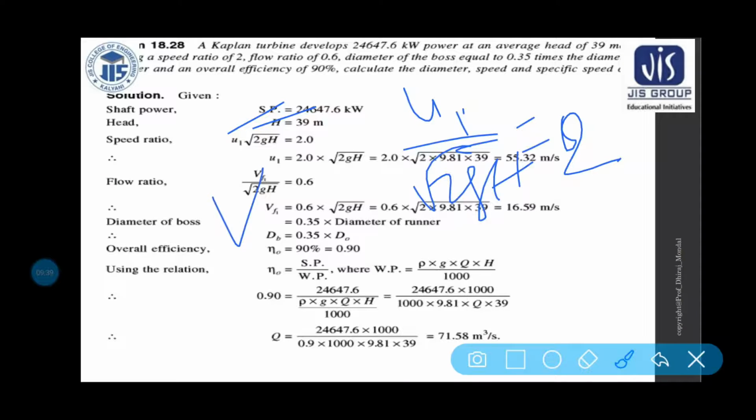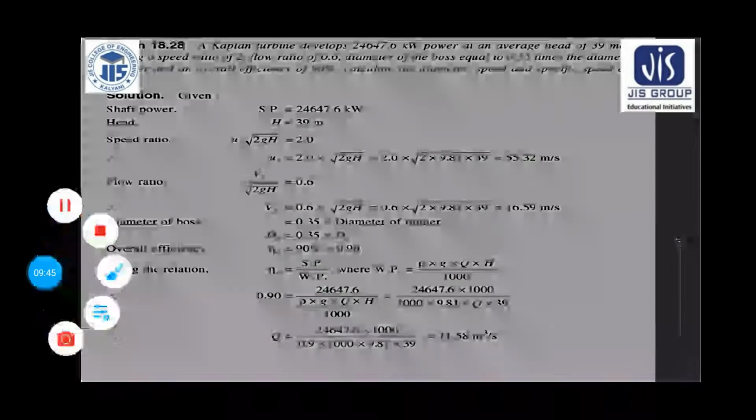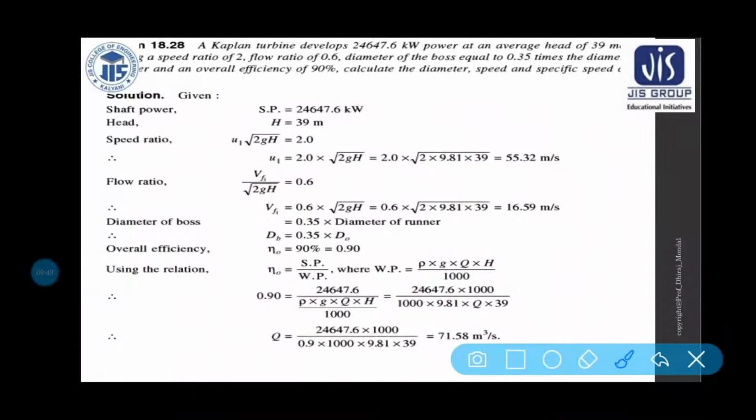Flow ratio, that is Vf1 by root over 2gH, is equal to 0.6. The diameter of the boss is equal to 0.3 times the outer diameter.